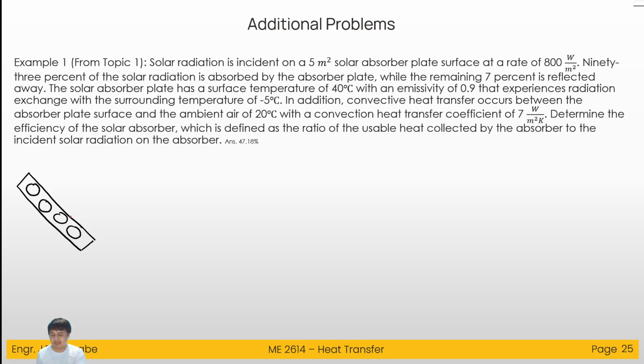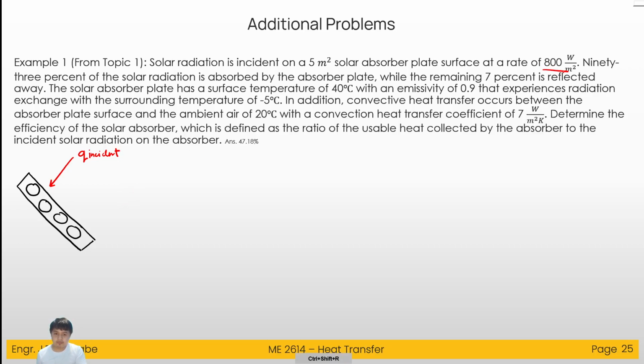So we are given the incident radiation, or the irradiation. We have Q here, that is the incident radiation, which is 800 watts per square meter.